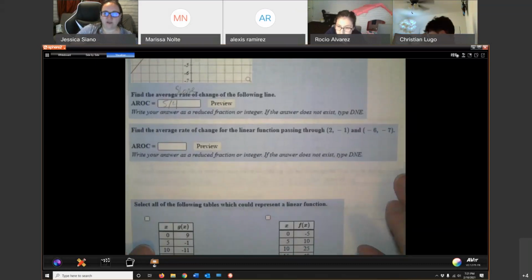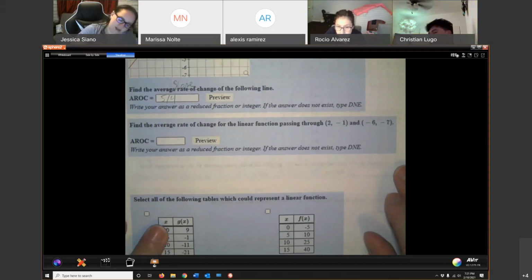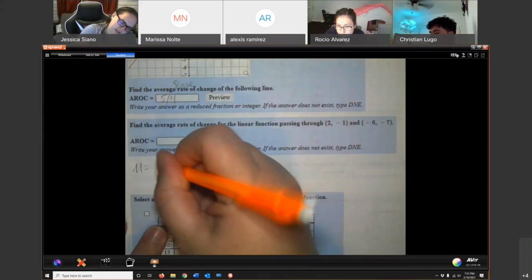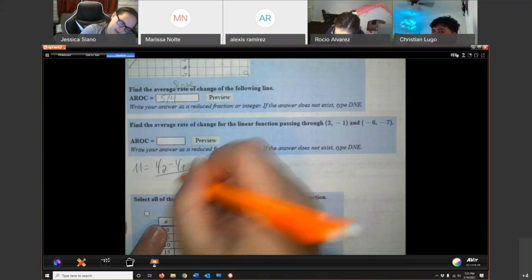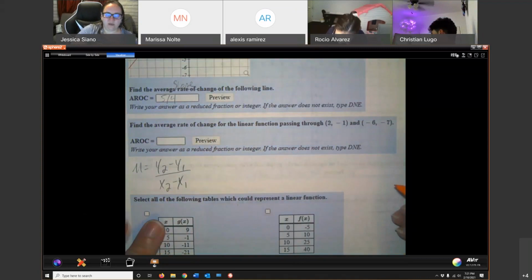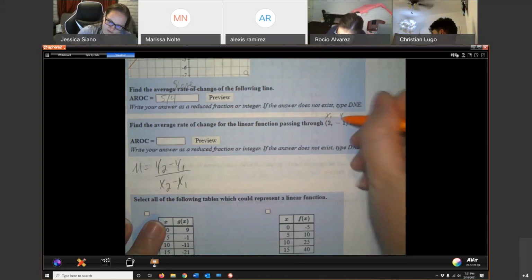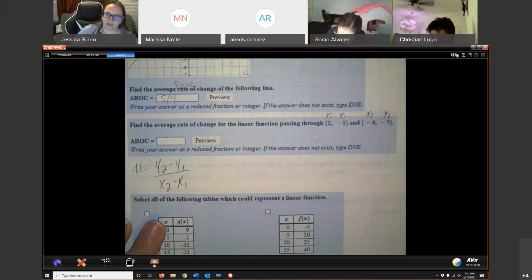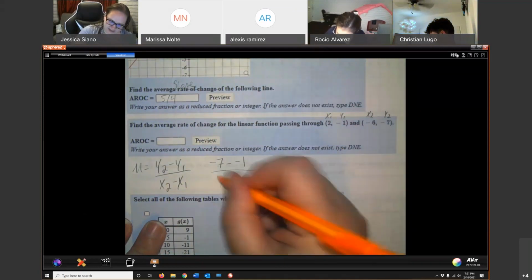Now, if we are asked for average rate of change between 2 points, then we're just going to use the slope formula, which I think we've already reviewed once this semester, but let's talk about it again. My slope formula is y2 minus y1 over x2 minus x1. So I'm going to label my points here, x1, y1, x2, y2. And so my slope will be -7 minus -1 over -6 minus 2.